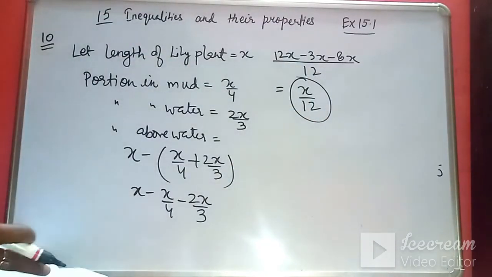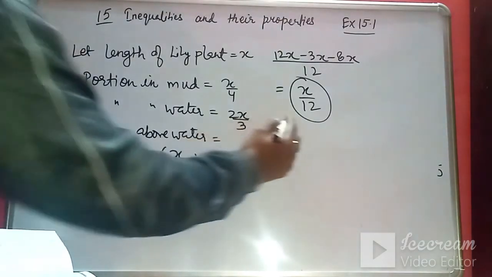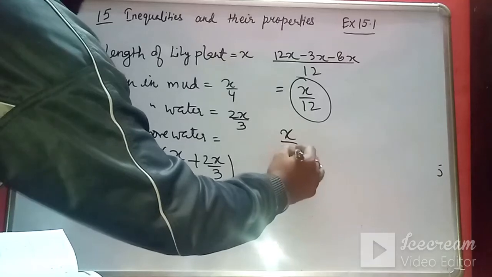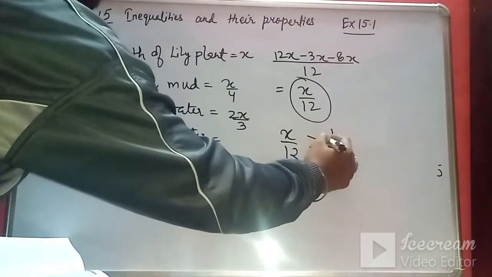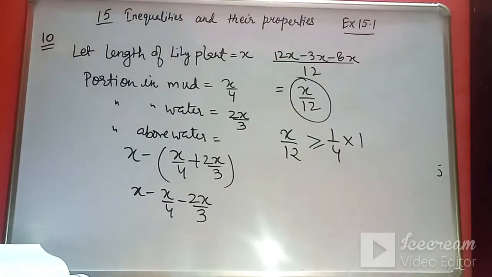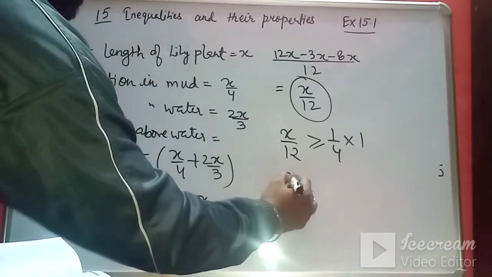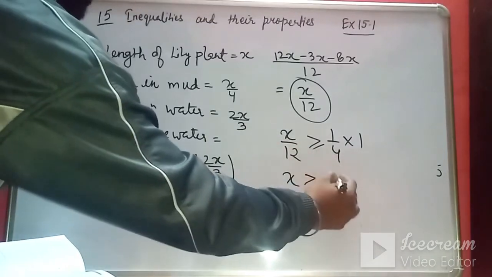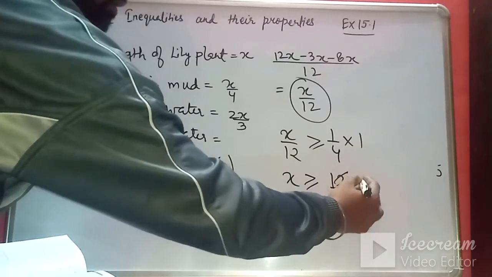Okay, now what condition is given? Greater than or equal to, that means x by 12 is greater than or equal to 1/4 of a meter, that means 1 by 4 into 1 meter. It is given. So when I take 12 there, it will be 12 by 4, that is 3.